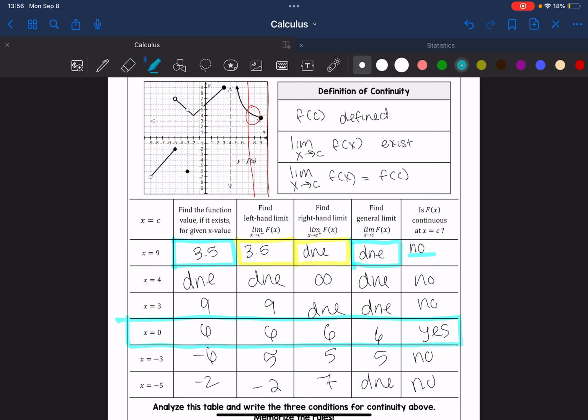So at x equals 0, we find the value 6. The limit as it approaches the left and right of 0 also gives us 6, which means the general limit gives us 6. So that tells us that this box is equal to this box, which means yes, this is continuous at x equals 0.